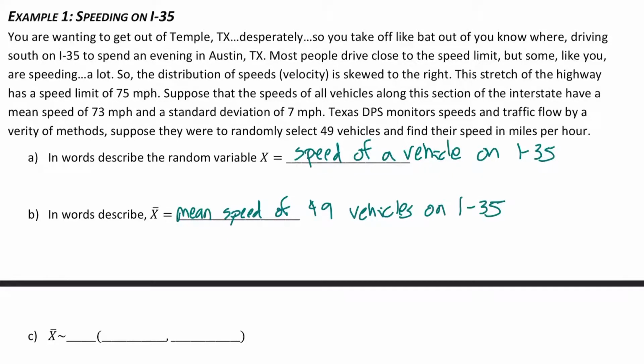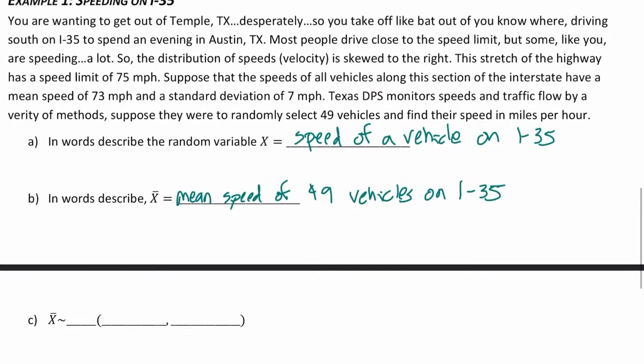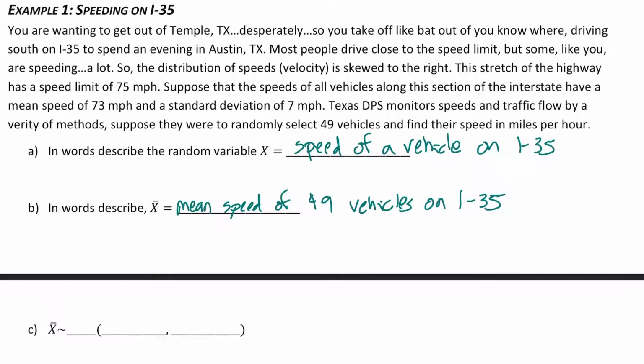All right, so let's put this together with what our sampling distribution will be. Now, what about the shape? We're told that the distribution of speeds is skewed to the right, so it's not normal. If my sample size is small, less than 30, then the problem stops here, we can't do it.